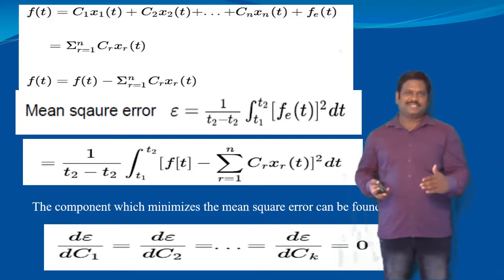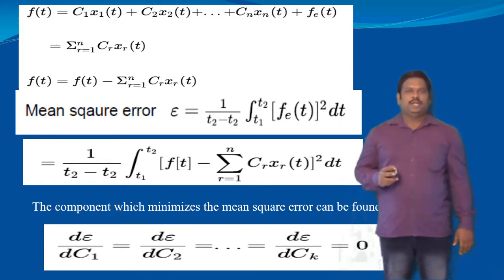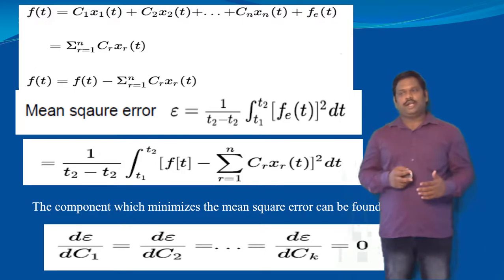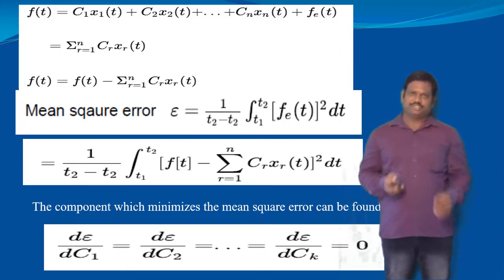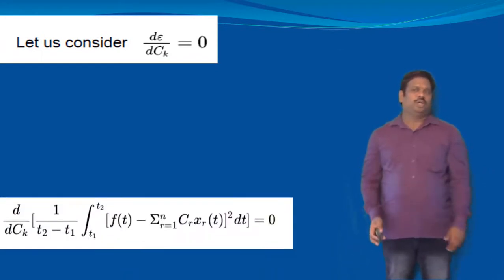That is dE by dC1, dE by dC2 and so on, dE by dCk will be equal to 0. In general, these are the k number of functions, so we consider one particular one, that is dE by dCk equal to 0.